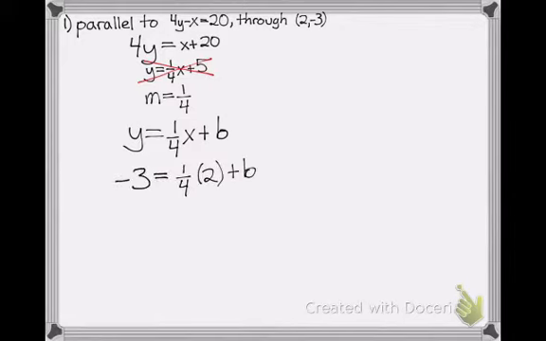When we plug in x equals 2 and y equals -3, we get the equation -3 equals 1/4 times 2 plus b. We then subtract 1/2 from both sides to get b equals -7/2.